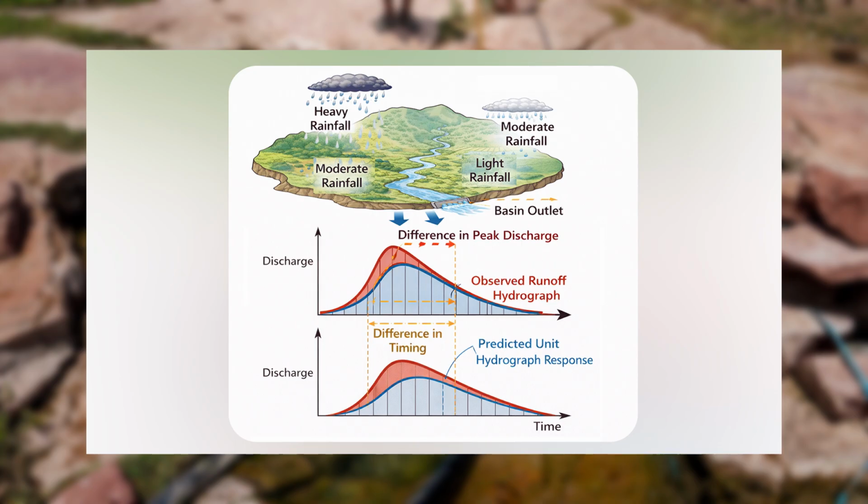This problem becomes more serious in large catchments or during convective storms when rainfall is unevenly distributed. The actual runoff response may differ significantly from that predicted using a unit hydrograph developed under the assumption of uniform rainfall, leading to inaccuracies in peak discharge and timing.